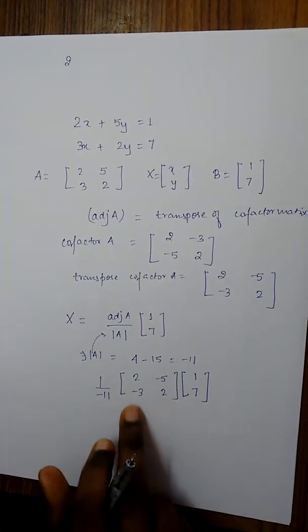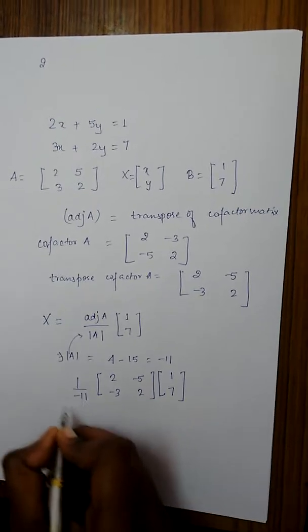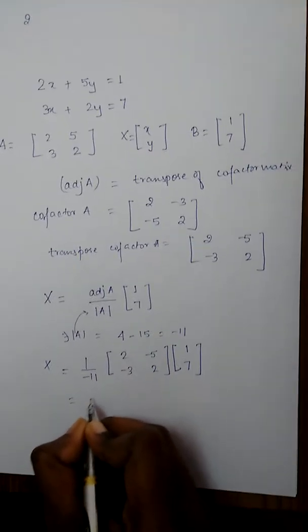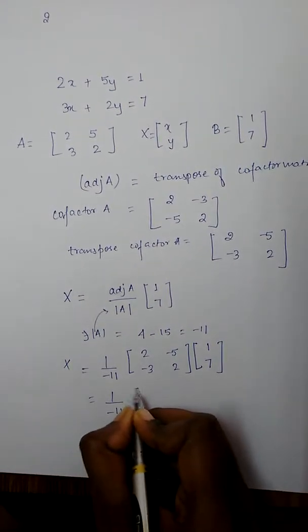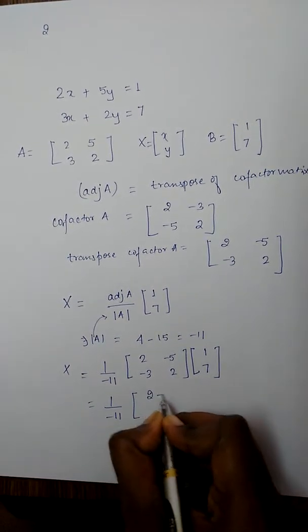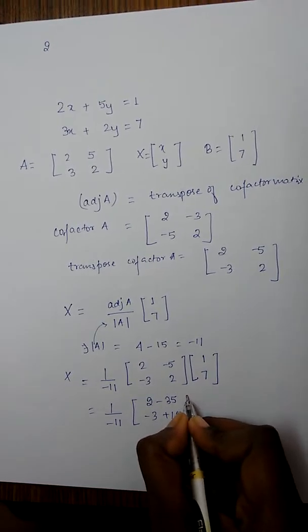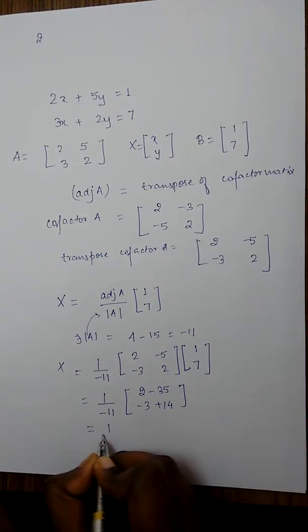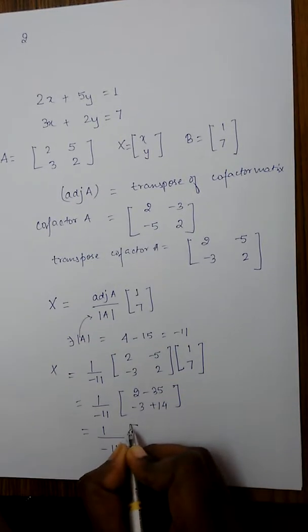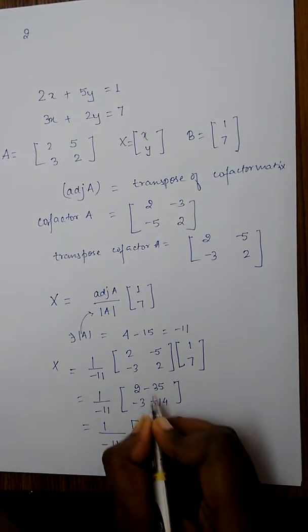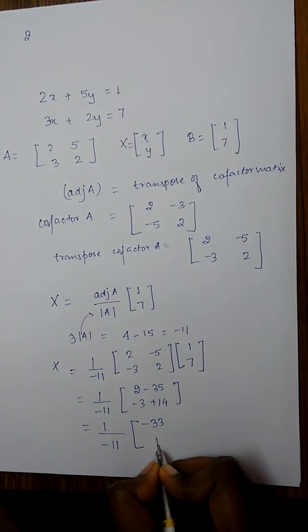Now we'll first multiply these two matrices. This will be 1 upon minus 11 into [2 minus 35; minus 3 plus 14], which will be 1 upon minus 11 into [-33; 11].